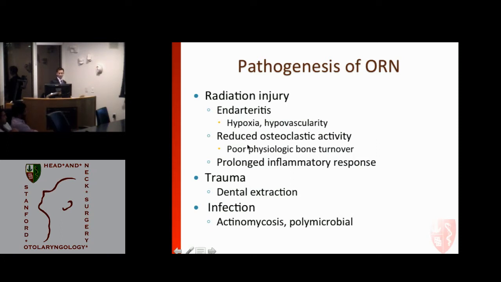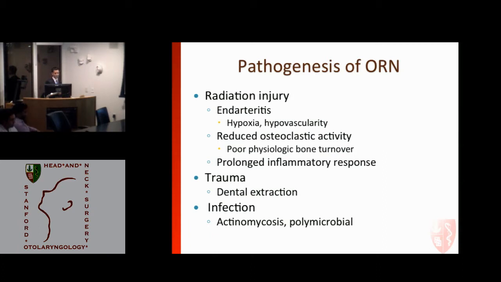There's this theory that osteoclastic activity is also reduced dramatically in these patients, and that leads to poor physiologic bone turnover. Because you can imagine, bony metabolism is not just osteoblastic bone growth or bone buildup, right? It's also the turnover of old bone. And then, in addition to that, there's this concept of ORN necessitating the need for a traumatic event to have occurred.